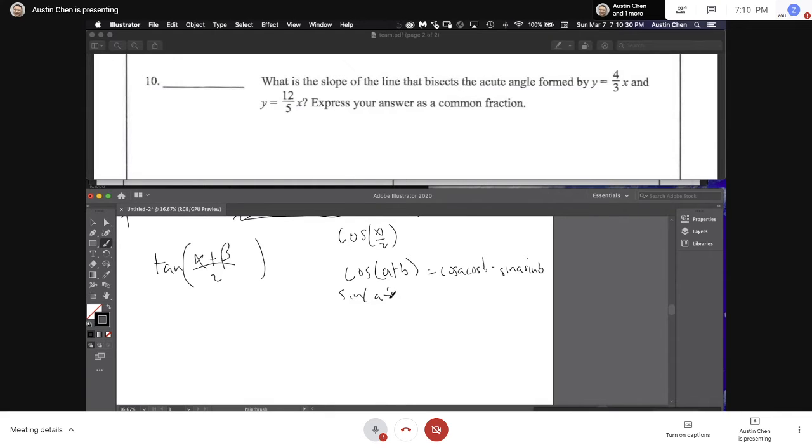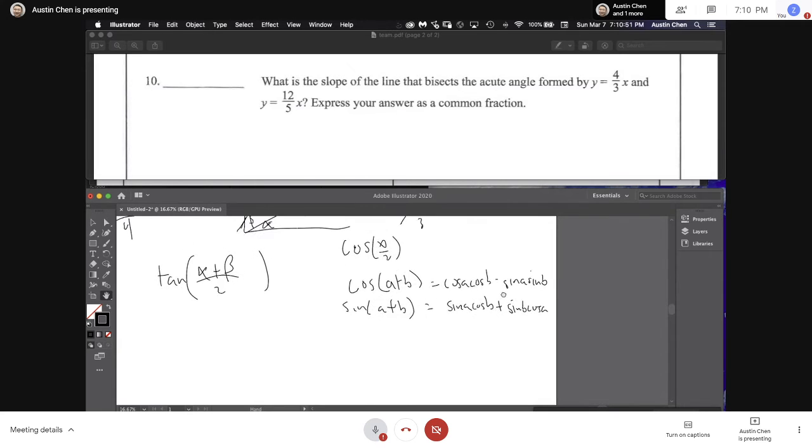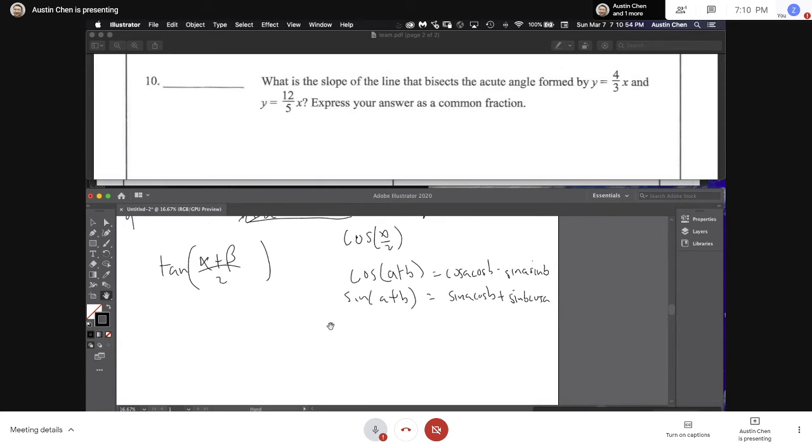The other one with sine is sine of A plus B equals sine of A cosine of B plus sine of B cosine of A. These are basic trig formulas, and they're very useful. So if you don't know them, I would say you should get to know them.